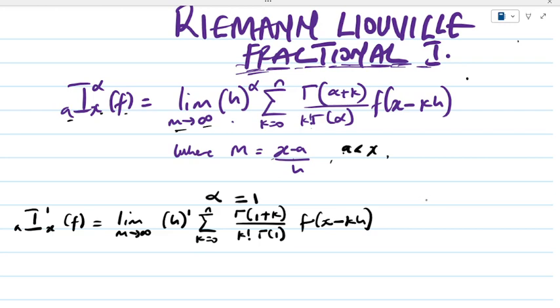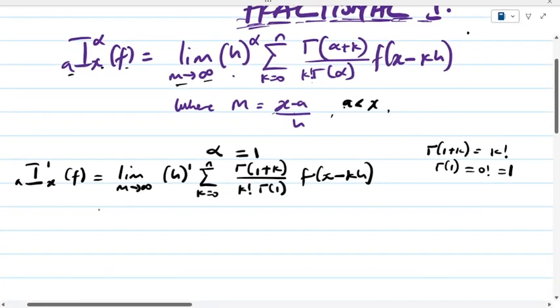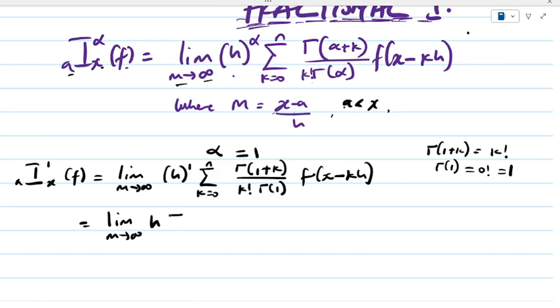And we know that gamma 1 plus k is given as k factorial, and gamma 1 is given as 0 factorial, which is equal to 1. So let's substitute that into the equation. We're going to have the limit as m tends to infinity of h, and then summation k equals 0 to n of k factorial over k factorial, and then gamma 1 is 1, so we have f of x minus kh.